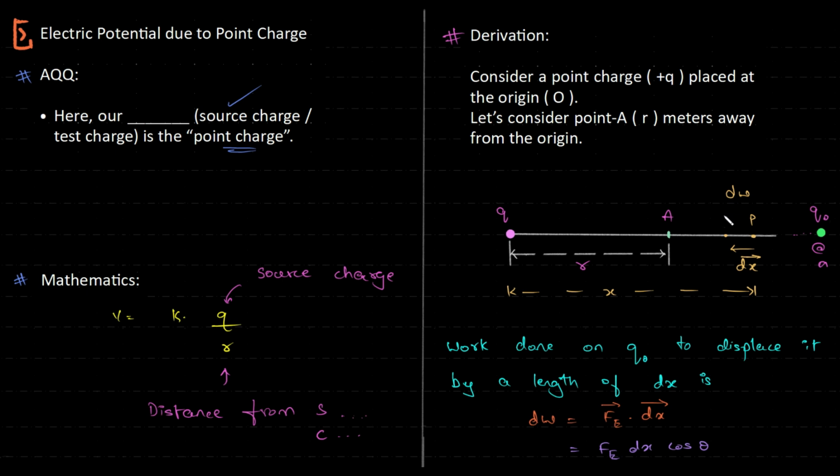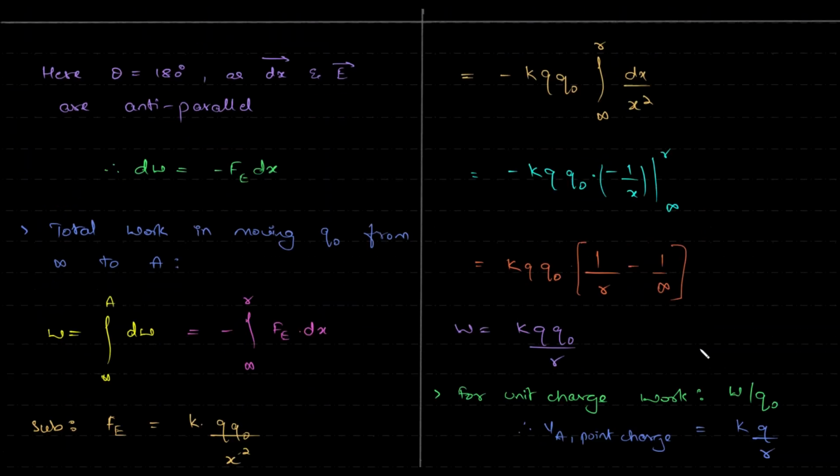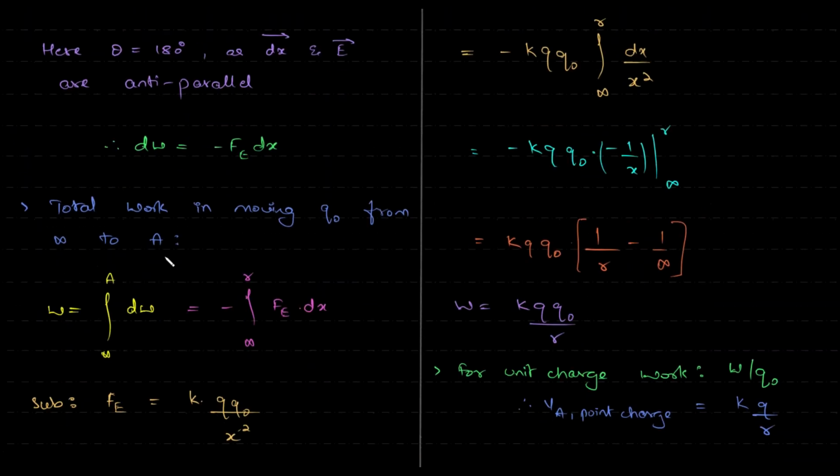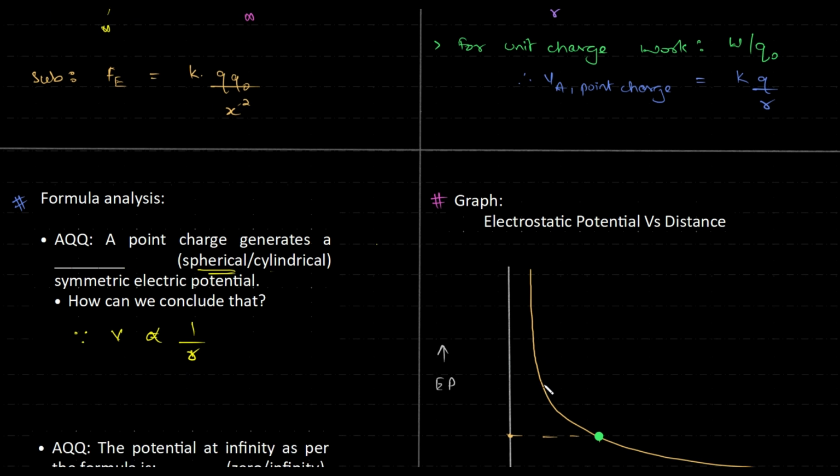So what is it that we are trying to do? We are trying to figure out how much work I am doing in this small path. Once I do that, I can figure out the work for the entire length by just adding them up. And the fancy way of adding things is with the help of integration, and we did the integration. And there are a small set of observations that we can make from this result. One is that it has to be spherical in shape.